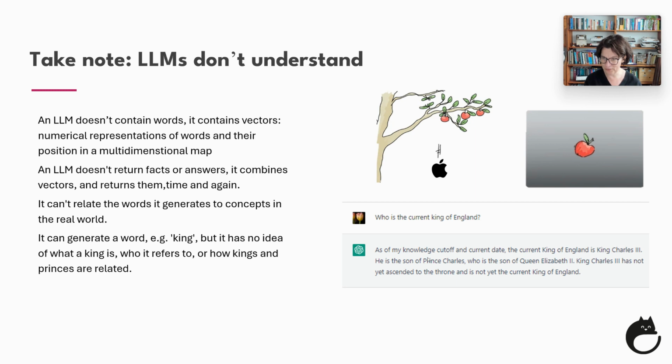"As of my knowledge cutoff and current date, the current King of England is King Charles III. He is the son of Prince Charles, who is the son of Elizabeth II." Well, that's not true, is it? And it gets even worse. "King Charles III has not yet ascended to the throne and is not yet the current King of England." Do you understand? I definitely don't.